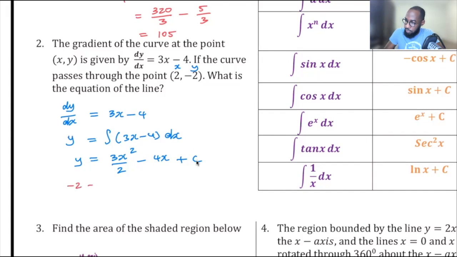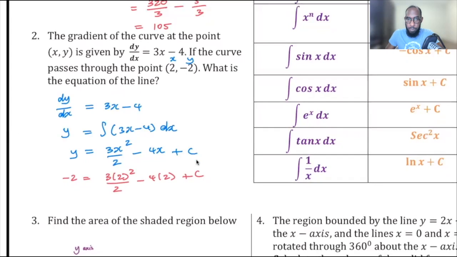So negative 2 is equal to 6 minus 8 plus c. I'm running out of space here. All right. So negative 2 is equal to 6 minus 8 plus c.